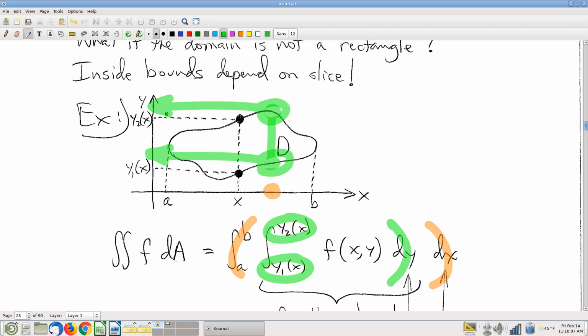So the punchline is really not that big of a deal. These y bounds depend on what x you're looking at. Different x's, you get different y's. Said differently, the y bounds are functions of x. That's the only difference. Everything else is the same. Inside integral, outside integral, cross-sectional area, the whole shebang.